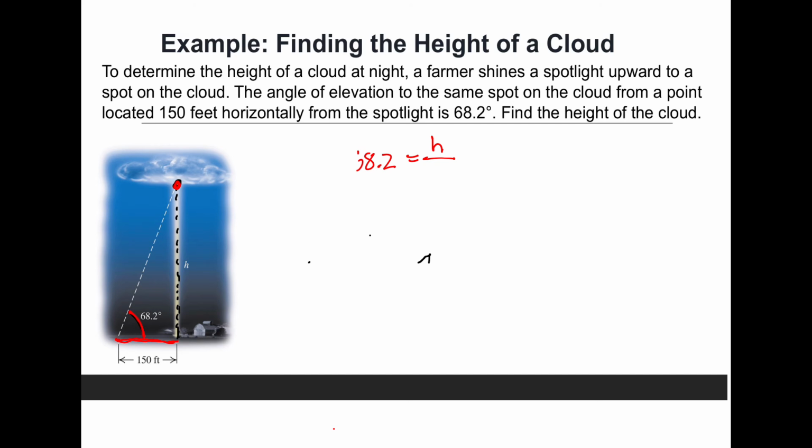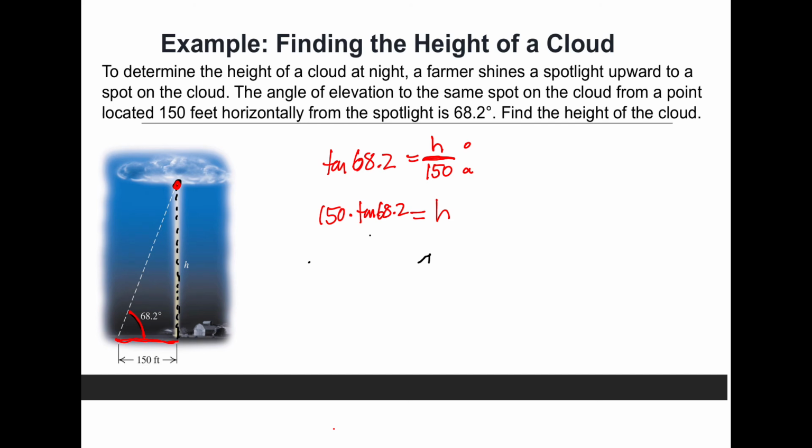So we want to find the tangent of 68.2, and we're going to divide h by that 150. So this is my opposite over adjacent. TOA, tangent. All right, and solving this for h means 150 multiplied by the tangent of 68.2.